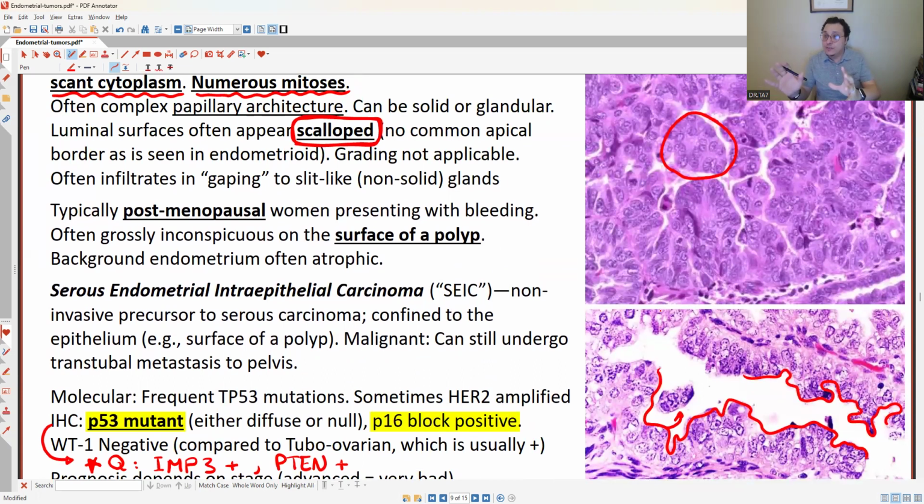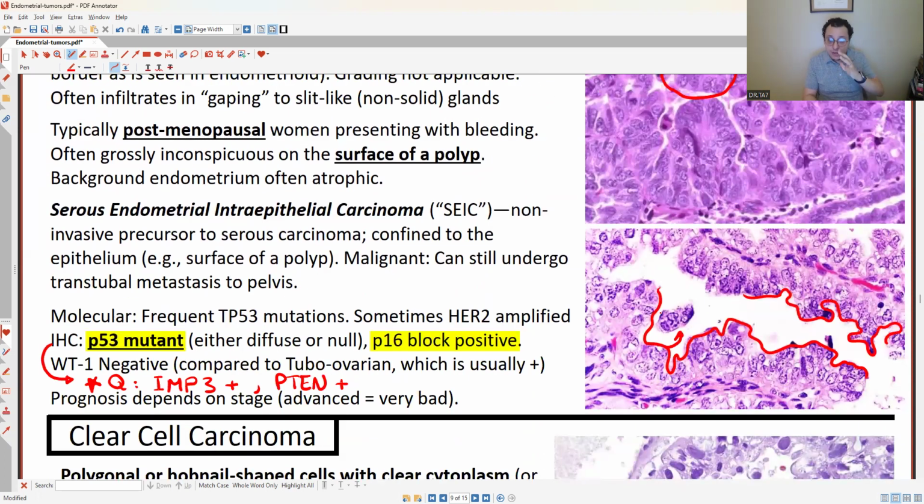However, if you are in doubt, sometimes, well, I'm not sure whether this is high grade endometrioid adenocarcinoma or serous carcinoma, so you do P16 and P53. P16 and P53 are extremely important to differentiate serous carcinoma from endometrioid adenocarcinoma.